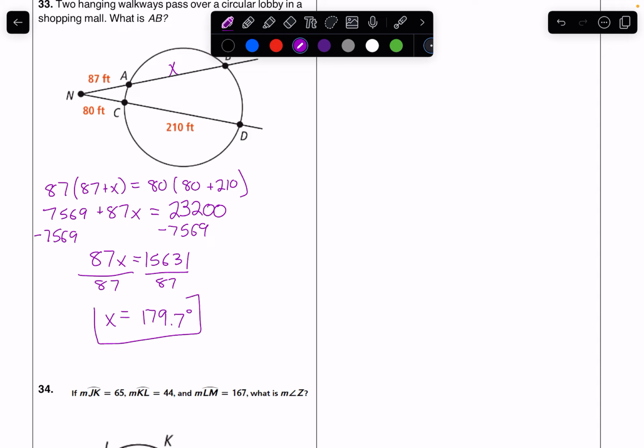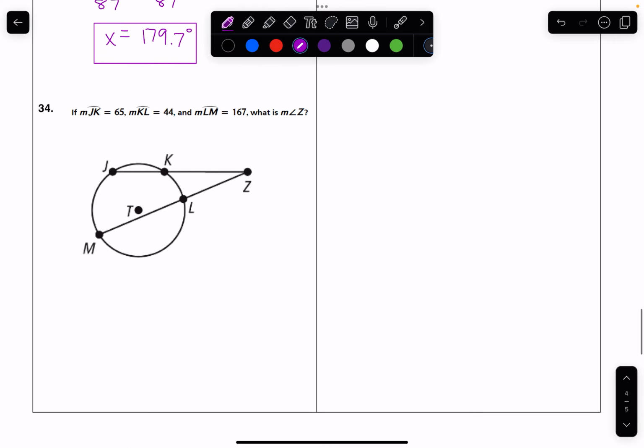And the last one on this review. If the measure of arc JK is equal to 65, KL equals 44, and LM equals 167, what is the measure of angle Z? Well, we're going to need to find the last arc in the circle by doing 360 minus these.